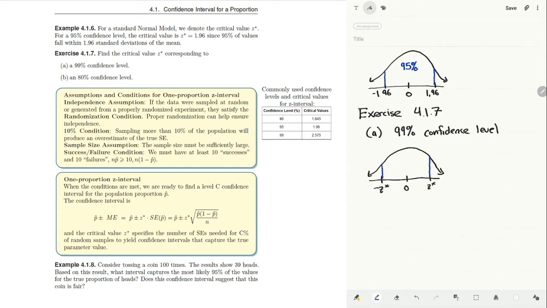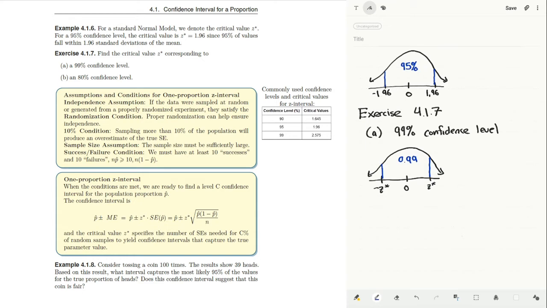So the area of the central region is 0.99. And so in order to determine the critical value Z star, we need to determine the area to the left of Z star.